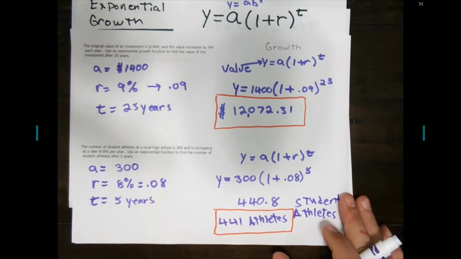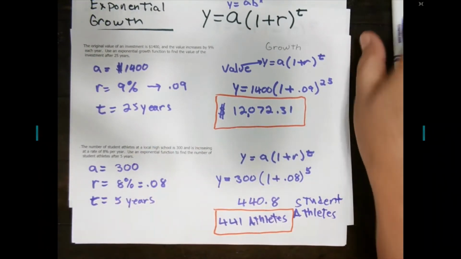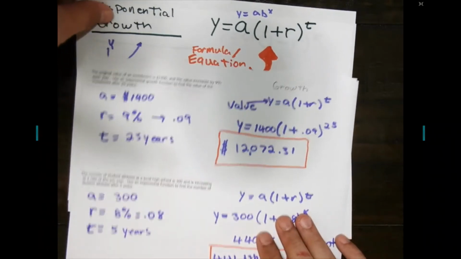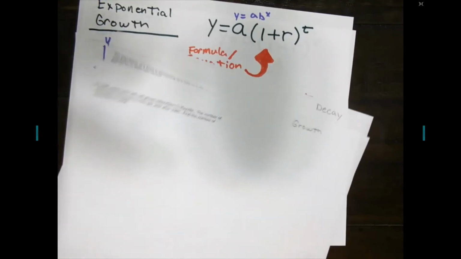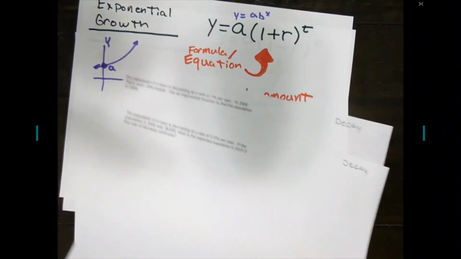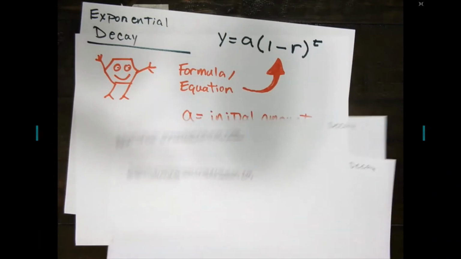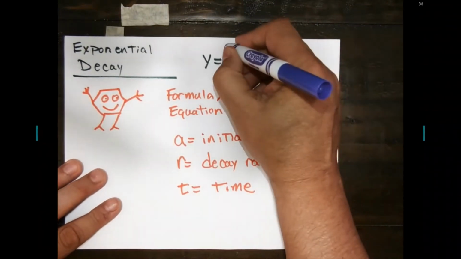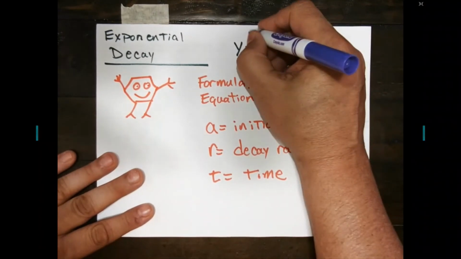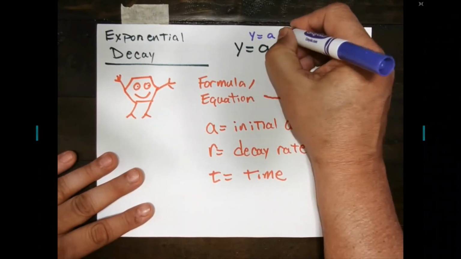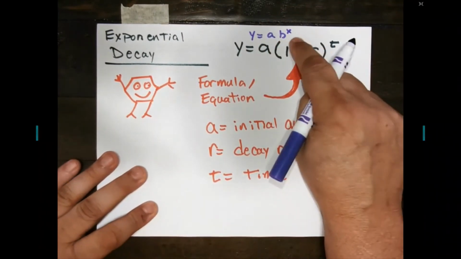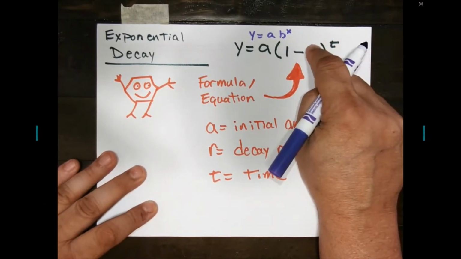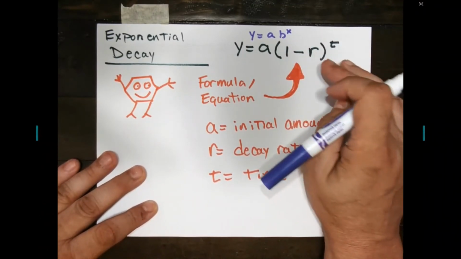That's growth. Now, decay is very, very similar. If you remember, and I know you will, recall that our original equation is y equals a b to the x. Well, if b is less than 1, then it's decay.